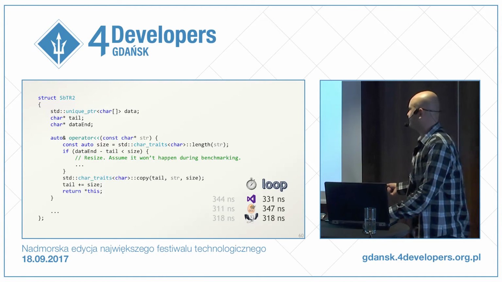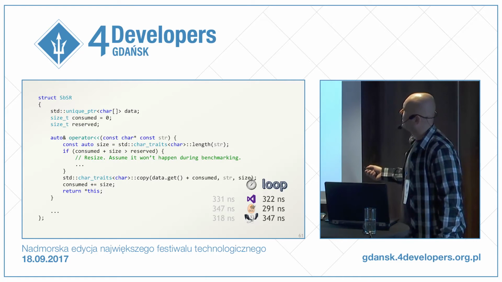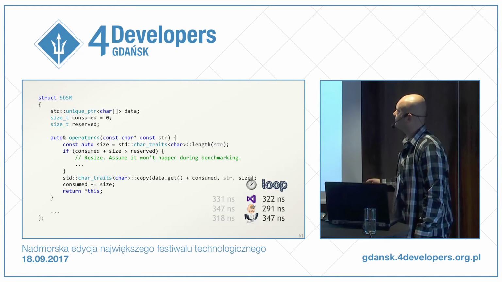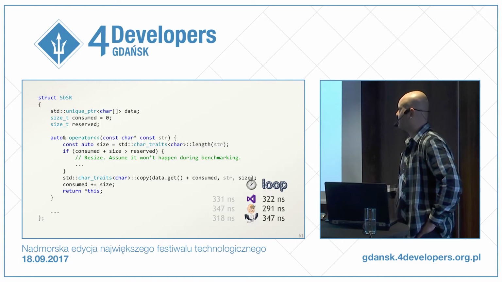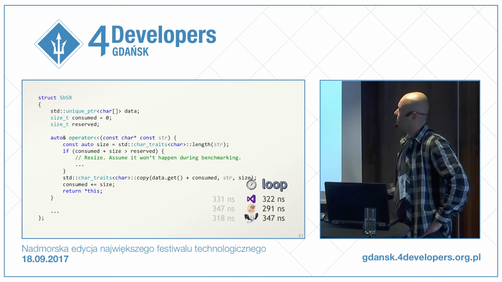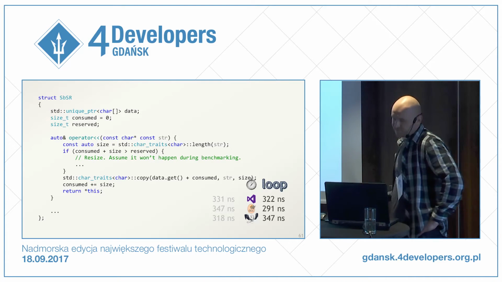Similar, very similar. Okay, let's try something different. We have data, we have 2 size t, consumed, reserved. Similar as well, possibly GCC was able to produce some more optimal code and get below 300 nanoseconds.